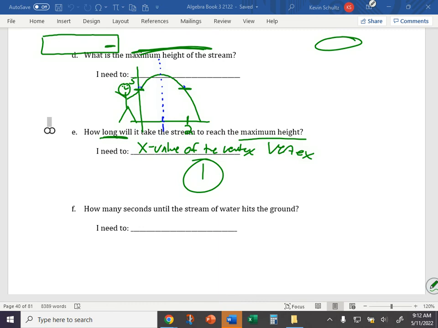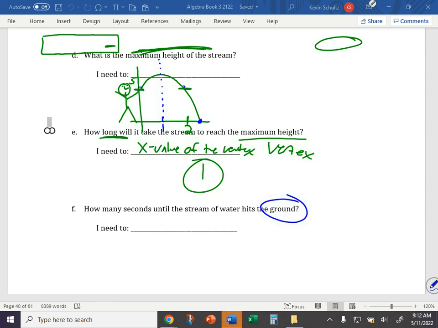Okay. Letter F. How many seconds until the stream of water hits the ground? So here we're looking for this point here, right? Where the stream of water hits the ground. Arlene, do you want to take this one? You have to solve the equation. Okay. So remember I said that the word ground represents the x-intercepts here. And if you see the sketch, we see where it hits the ground.